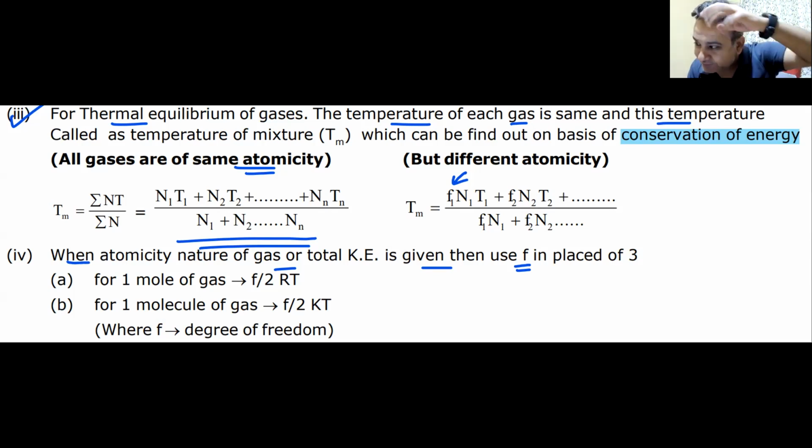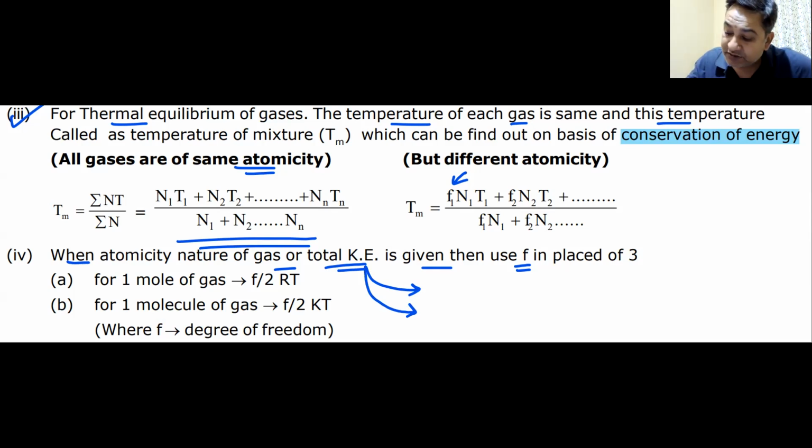We will come to that. Now remember, the total kinetic energy consists of two types of kinetic energy. What are those two types? One is known as translational kinetic energy.